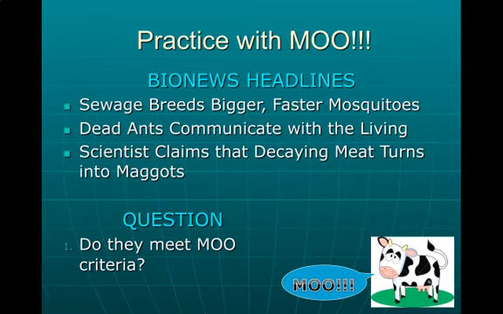Next one, dead ants communicate with the living. Is it measurable? That can be argued. I wouldn't say that it's really measurable. Is it observable? Yes, you can observe if this is happening. Is it objective?